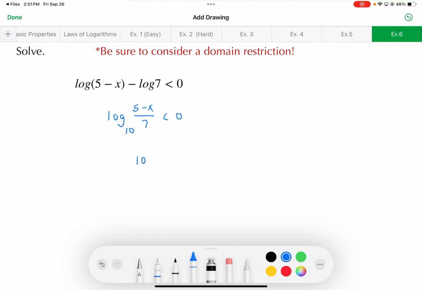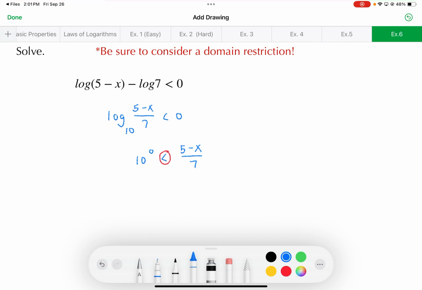I'll make this 10 to the 0 power, and then you're going to be tempted to say less than 5 minus x over 7. Okay, but how do I really know that that's as is when I put 10 to the 0 power first on the left side? Am I supposed to keep that inequality as a less than, or should it be flipped?